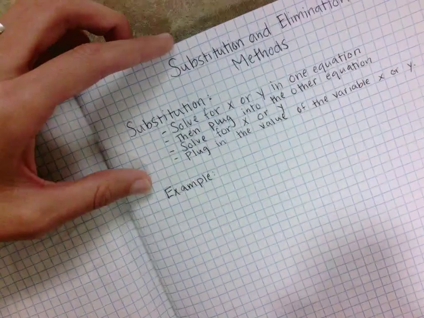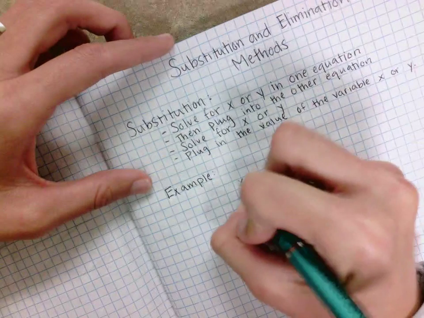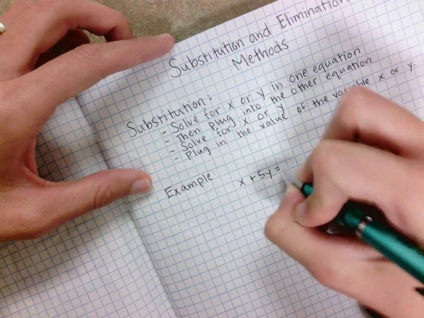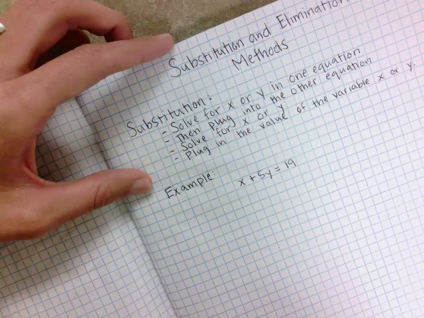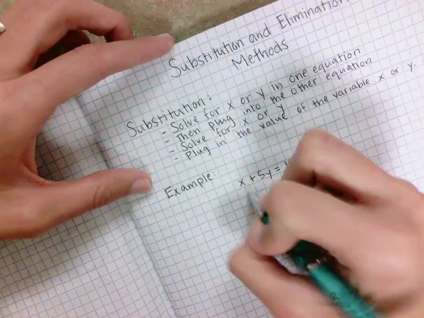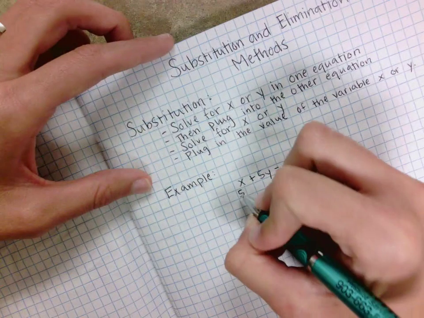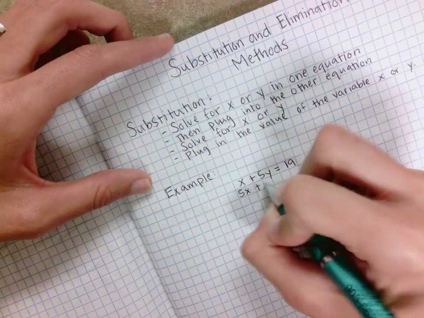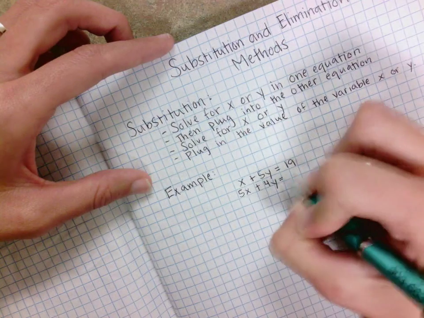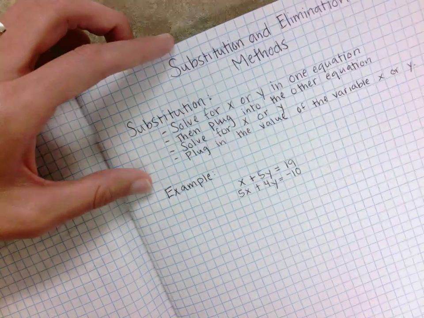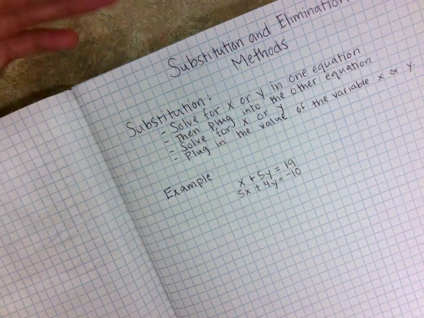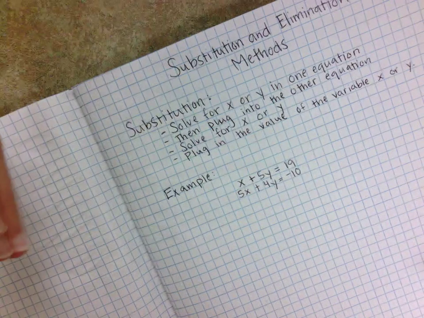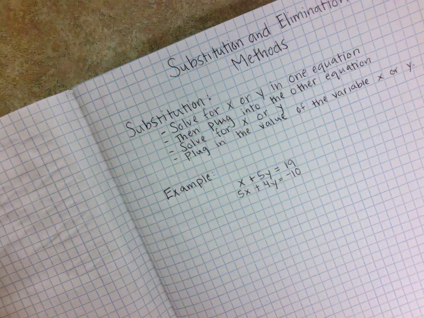Okay, my example is x plus 5y equals 19. And of course, in a system, you'll need two equations. So 5x plus 4y equals negative 10. In this case, it stands alone which equation you should solve for first.